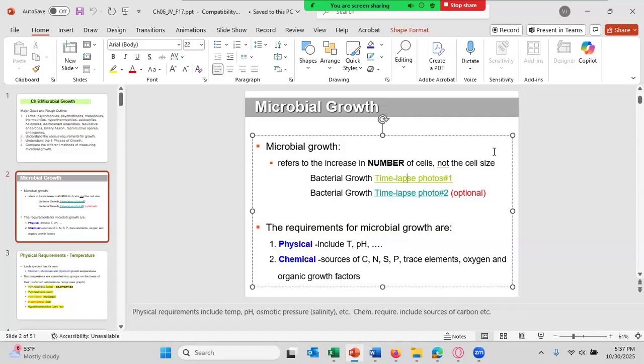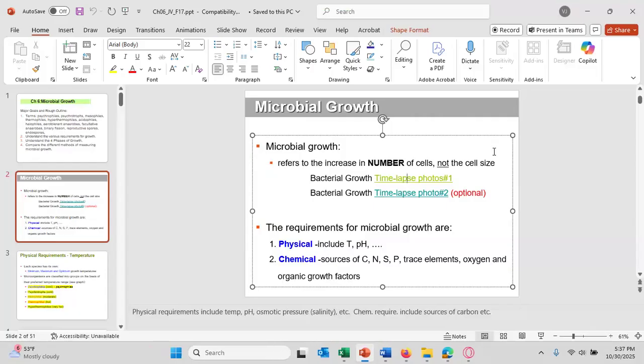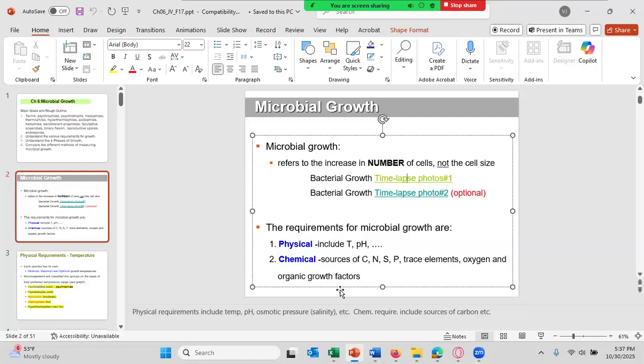All right. The requirements for microbial growth are both physical and chemical. Physical requirements include that the microbe has to be at the correct temperature, the correct pH, the correct osmotic pressure, meaning the correct salinity.